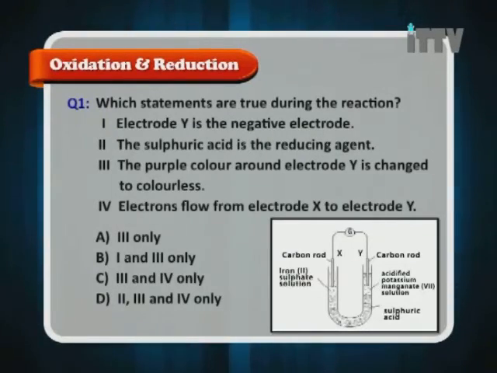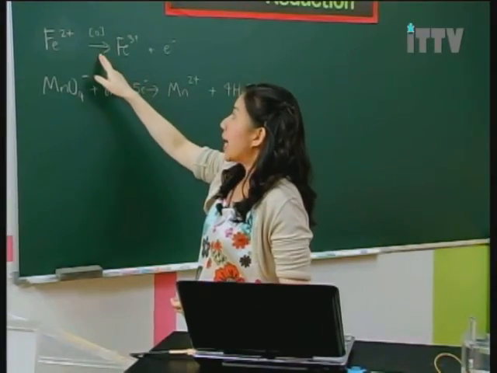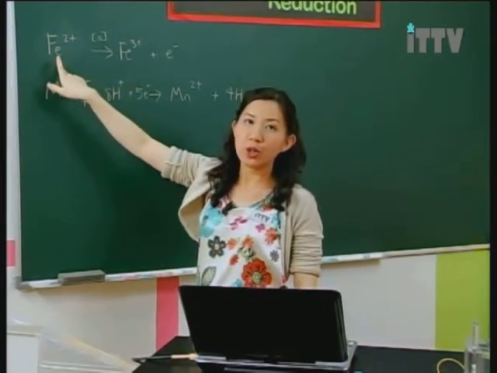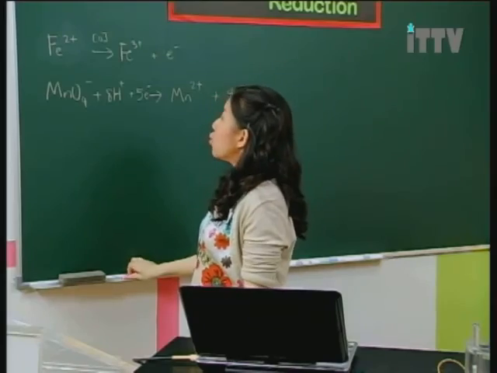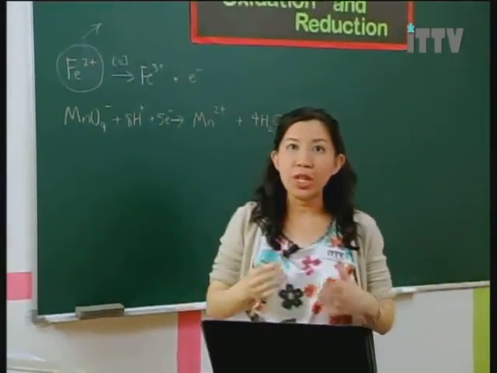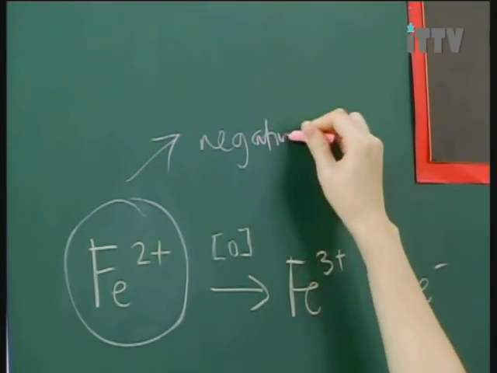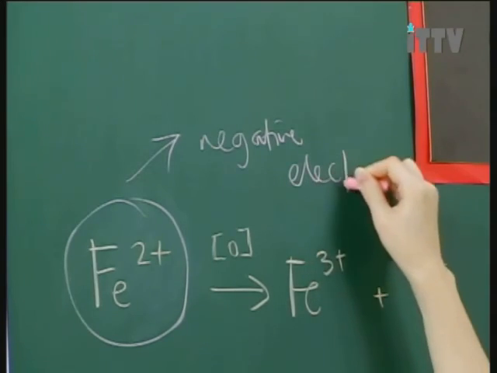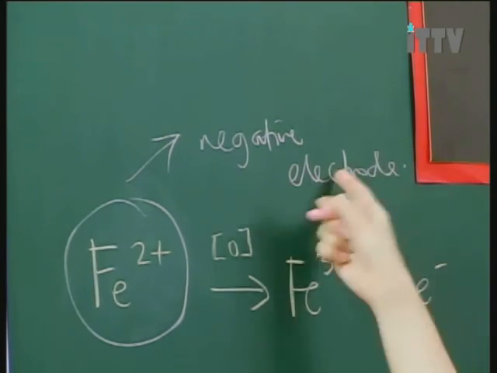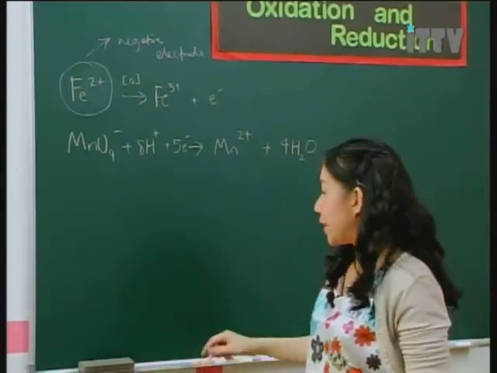Okay, so for option number 1, electrode Y is the negative electrode. You can notice that because oxidation has happened to iron 2 plus, the electrode immersed in the iron 2 plus solution is the negative electrode.